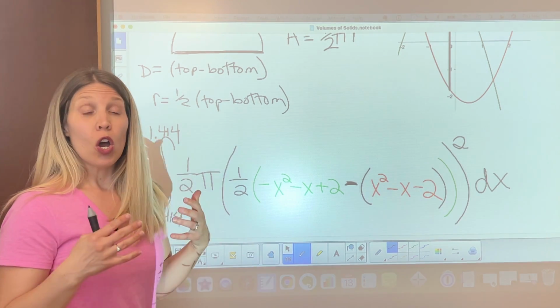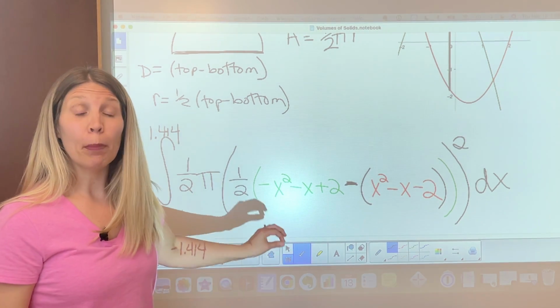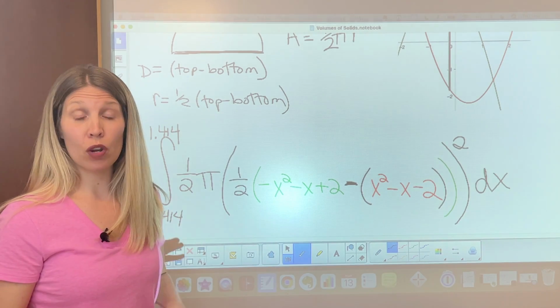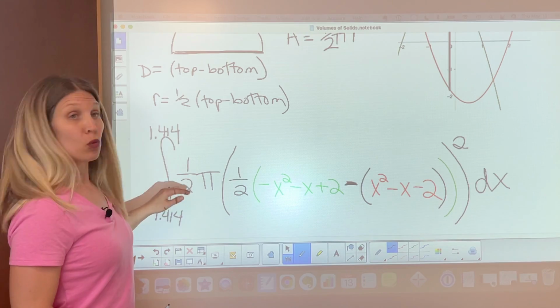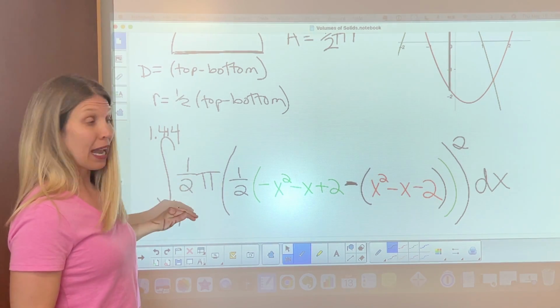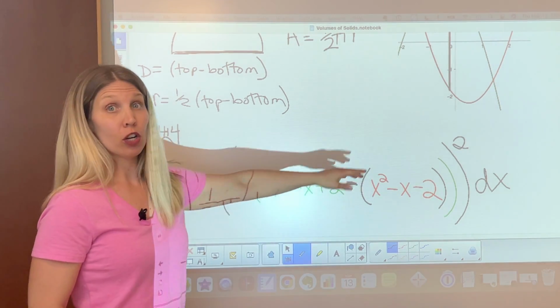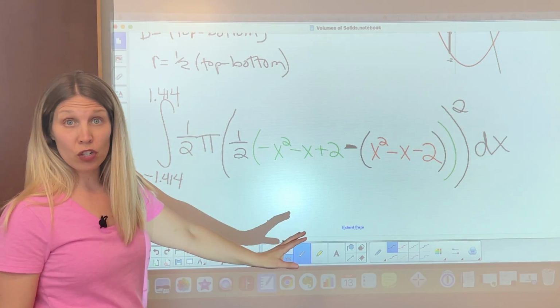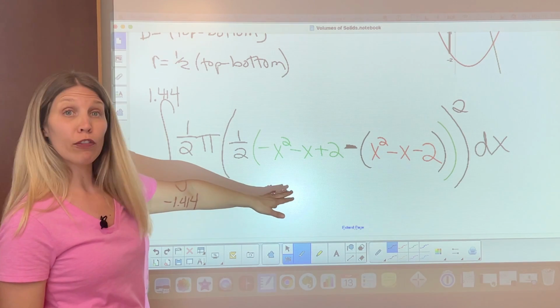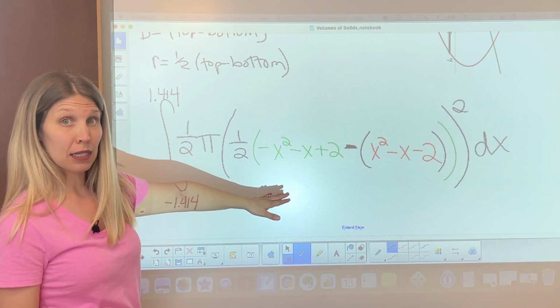So again, this looks ugly, but it's just the area of a circle. You're just plugging in the functions. So you've got, it's 1/2 because it's a semicircle, 1/2 pi r squared. You can go ahead and put this whole thing into your y1. Again, be very careful of your parenthesis placement.